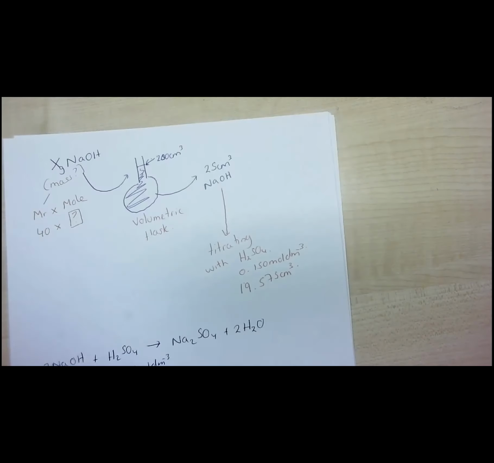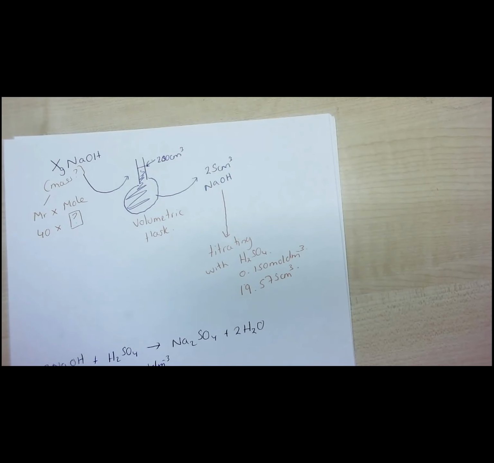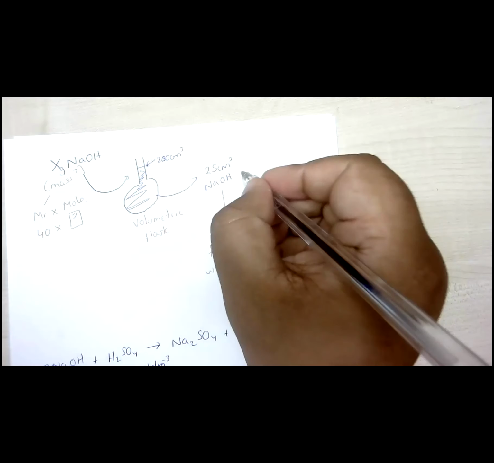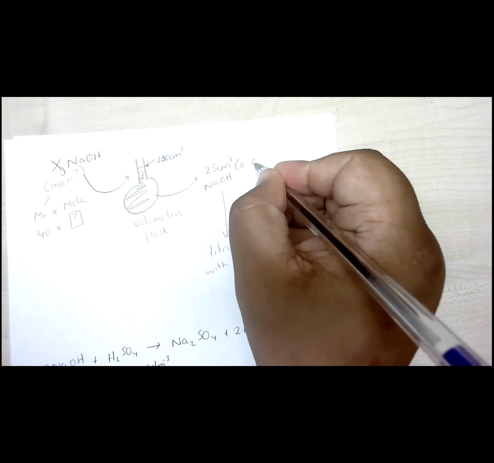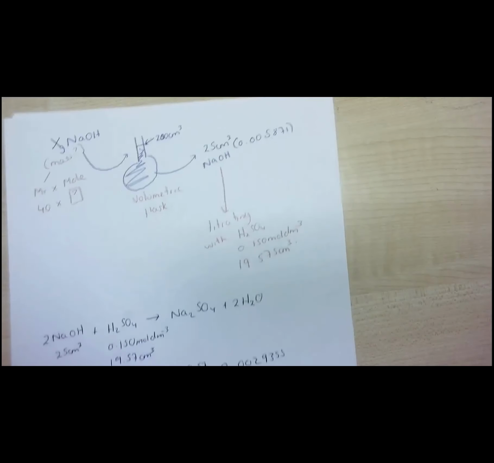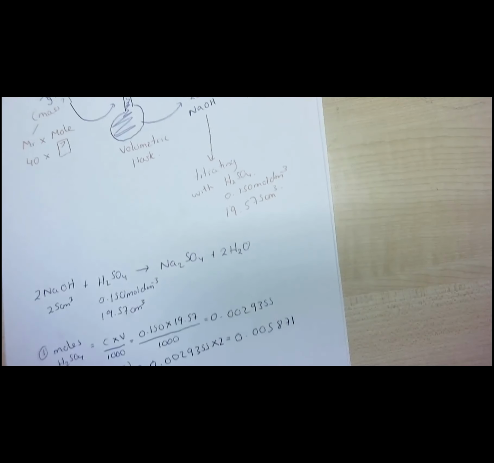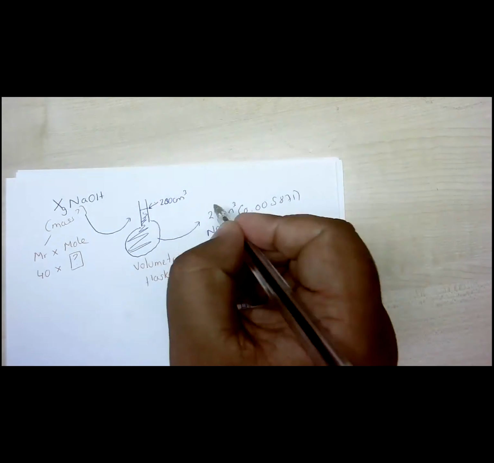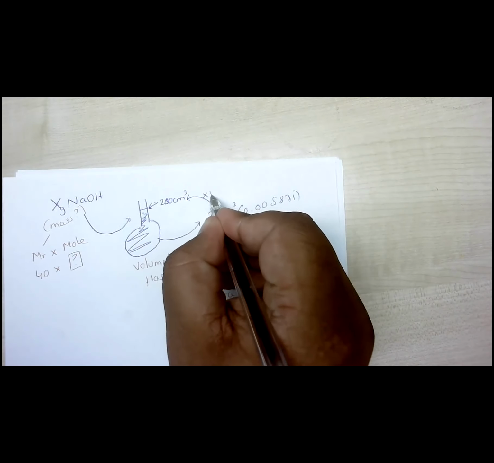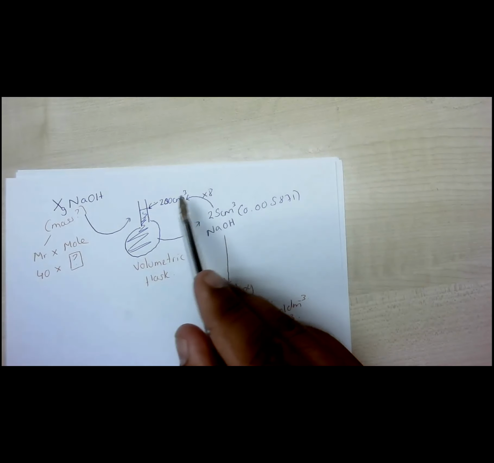But remember, it was actually dissolved in 200. So if the moles in that 25 was 0.005871 as we calculated here, then we need to multiply it by 8, because 25 times 8 is 200.